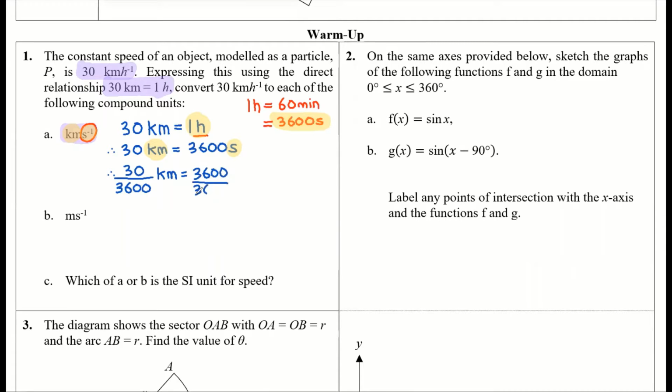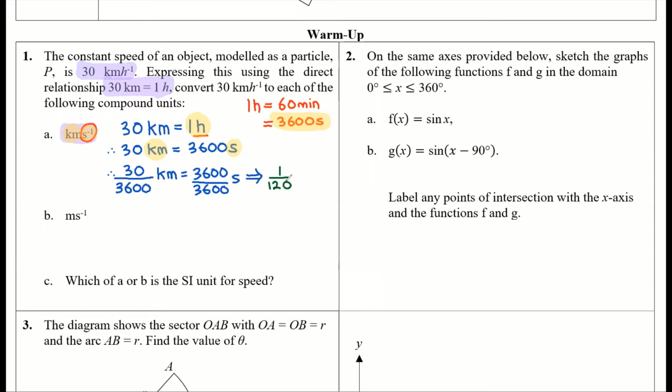Okay, let's do that. And I'll write the answer over here. So if you do 30 divided by 3,600, we'll get the final answer, which is, I believe, 1 over 120. Okay, or you can write that as a decimal if you like.